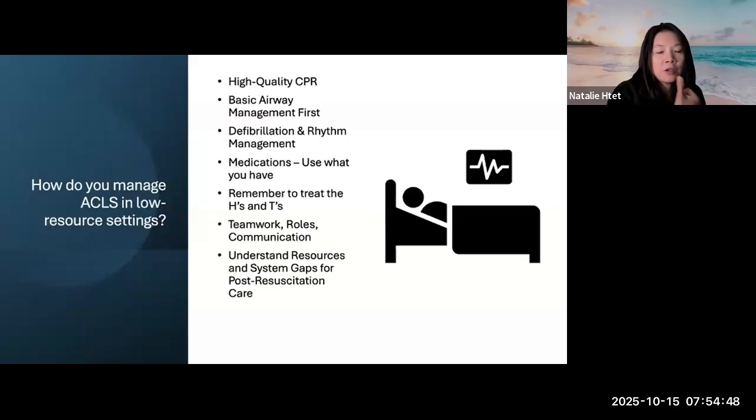So hypoxia, hypovolemia. If patients are hypovolemic from bleeding, or hypoxic from pneumonia, respiratory failure. Another thing is electrolyte disturbance, so hypokalemia, hypomagnesemia. Those are part of the H's. And then the T's could be tension pneumothorax, tamponade.